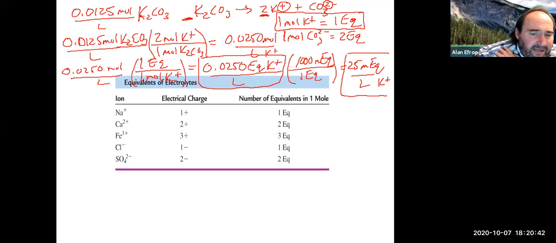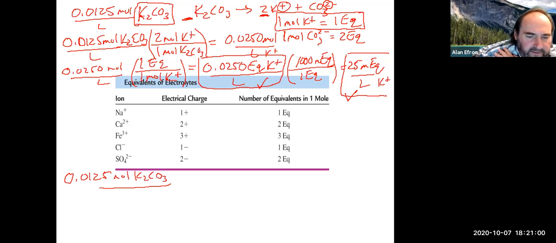And since this is an ionic compound, the answer for carbonate will be the same, but I'll show you the calculation here just so you can see it. We go with 0.0125 moles of the entire thing over liters.